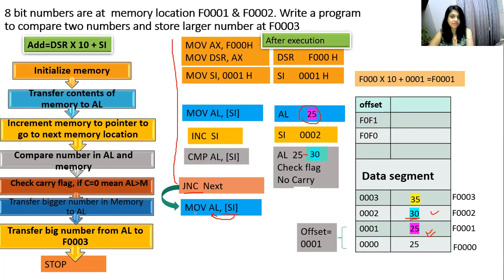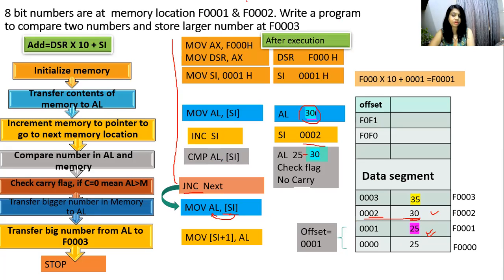What this instruction says, move AL, [SI], means transfer the contents of the memory whose offset is in SI to AL, because this number is bigger now. So it will transfer it to AL, and now it is 30.